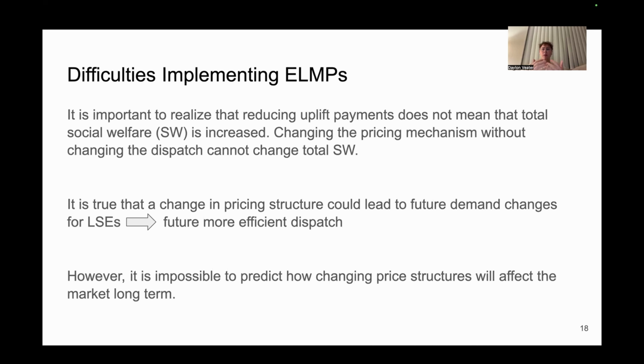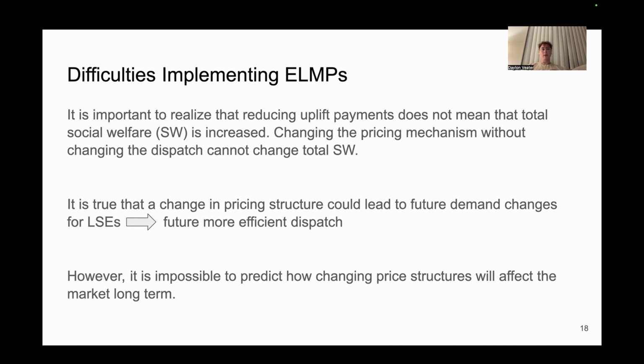And the final note with implementing ELMPs is that even if you were somehow able to prove that there's a reduction in specific side payments, that's an entirely different argument than claiming that total social welfare is increasing, which is much harder to show and prove.